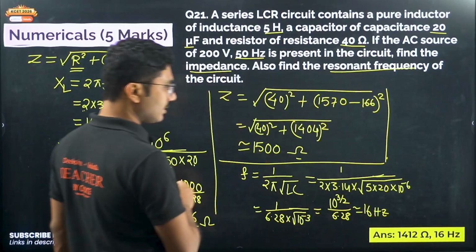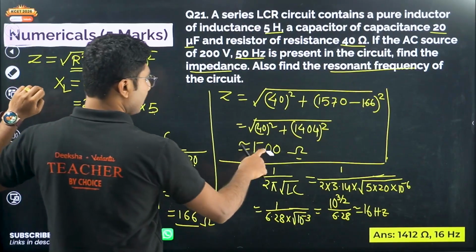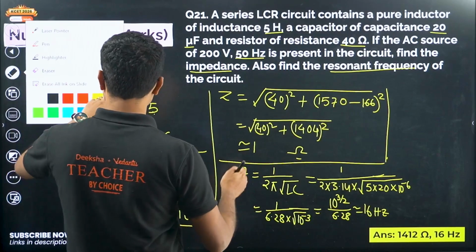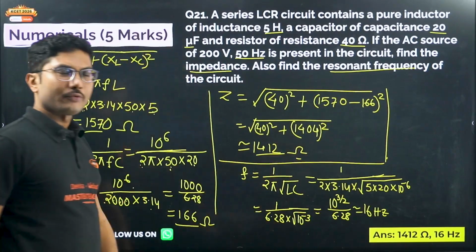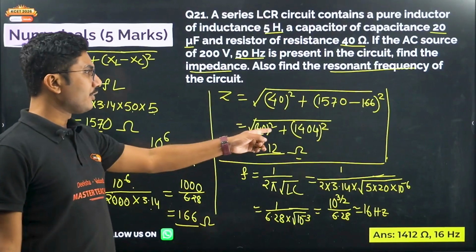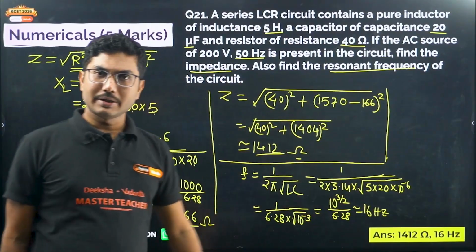Okay, this turns out to be not 1500 but 1412. So 1412 ohm is the correct value here. Using a calculator you can get that. Again, using a calculator you can also calculate this one.